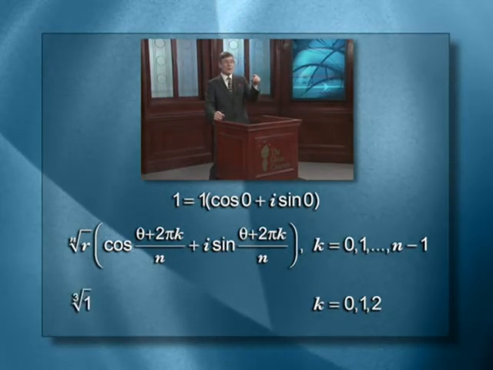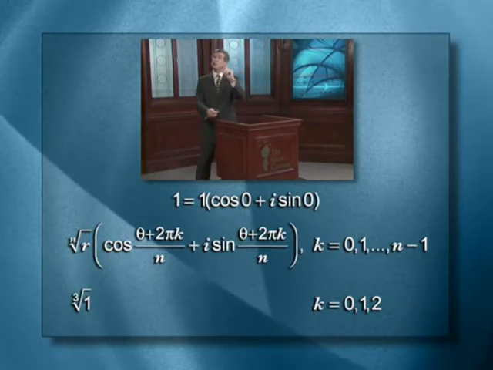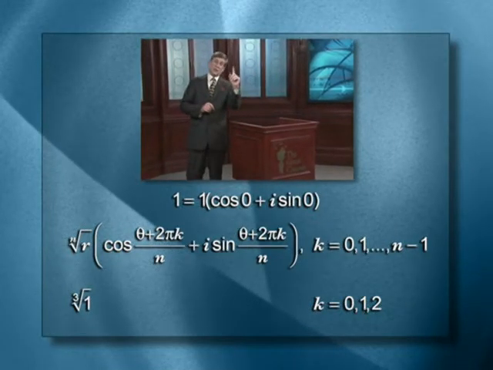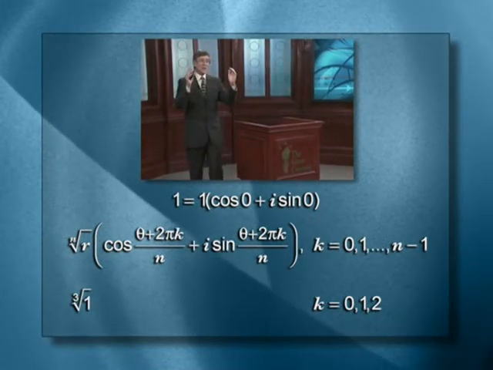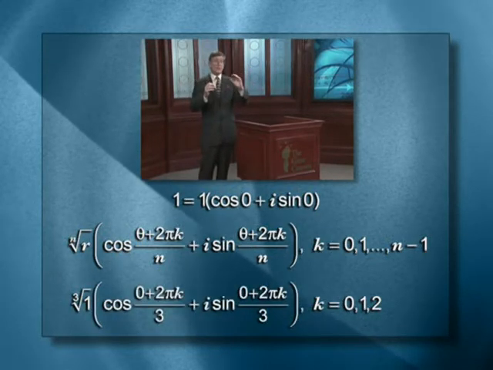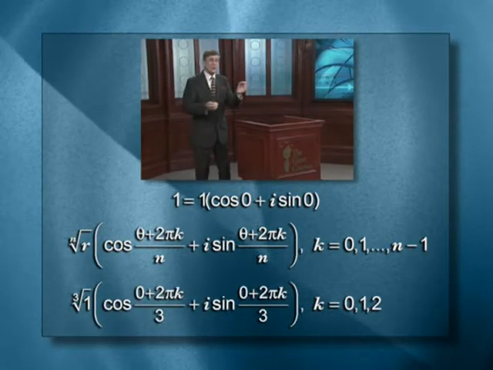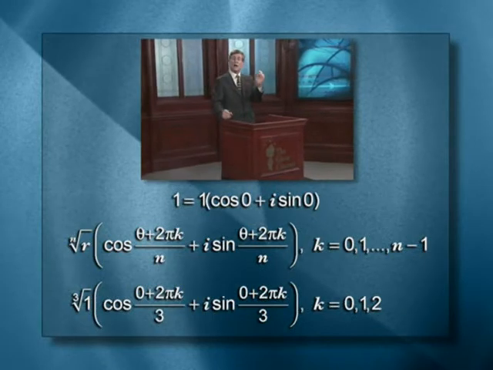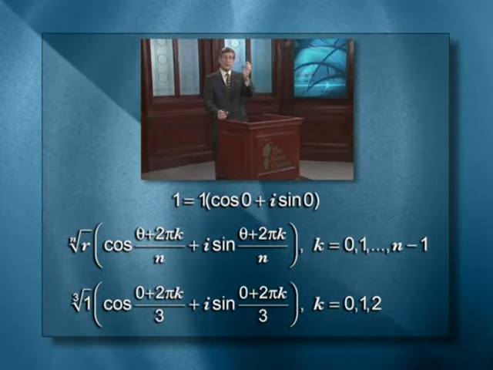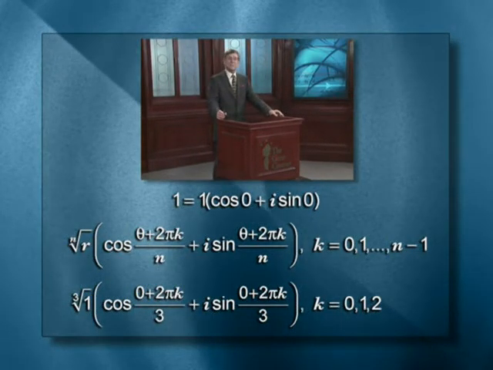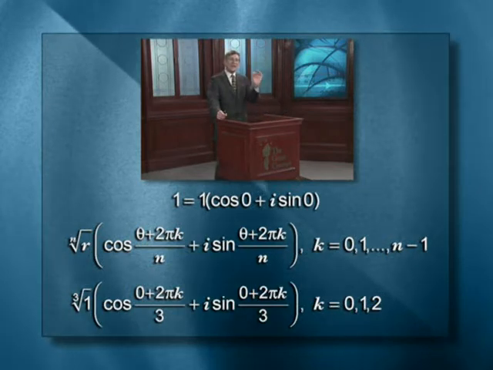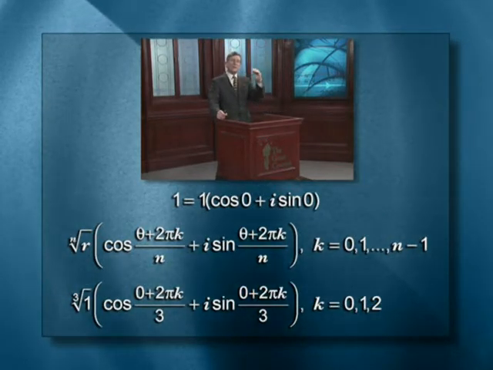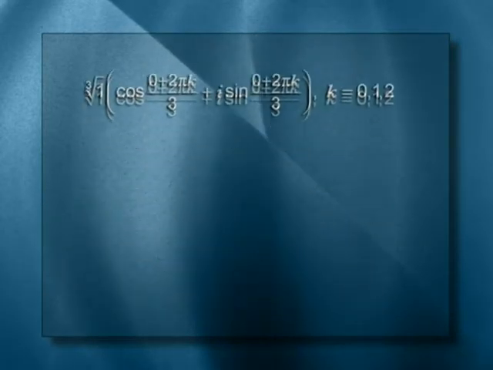And out in front we have the cube root of 1. That's the real cube root of 1, so outside is just going to be 1. And then inside it's cosine of the angle. The angle was 0 plus 2 pi k over 3 plus i sine 0 plus 2 pi k over 3. Okay, so k takes on 3 different values, and each time it produces a cube root.